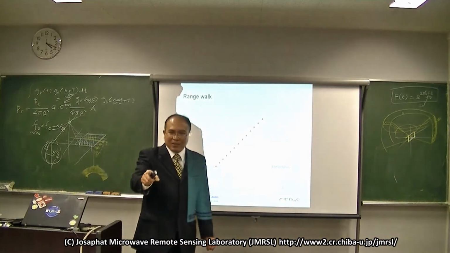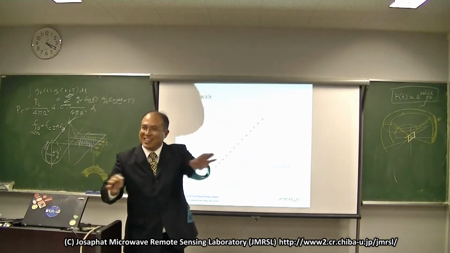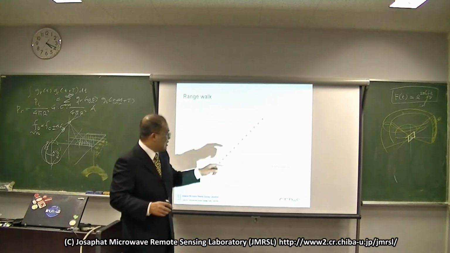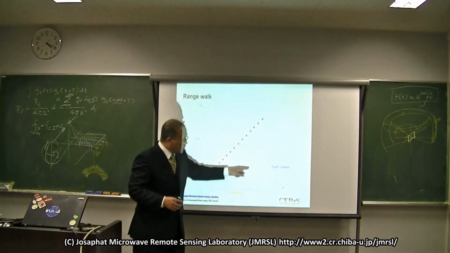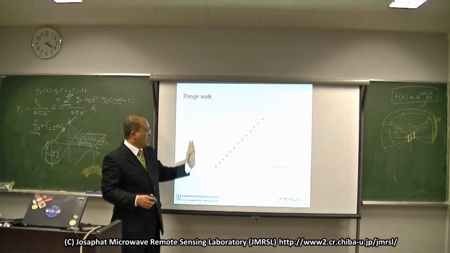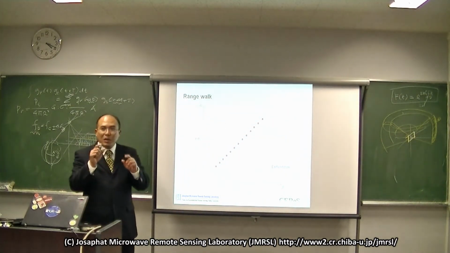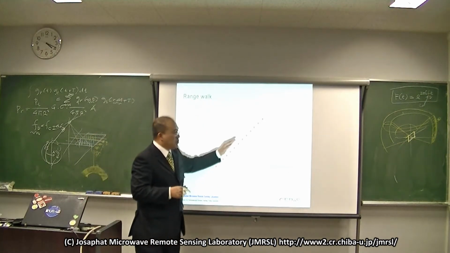We will find something moving and we are also moving. This is the Earth rotation, and here the effect of the object moving, and we move. And you can find in the image it looks like this one.